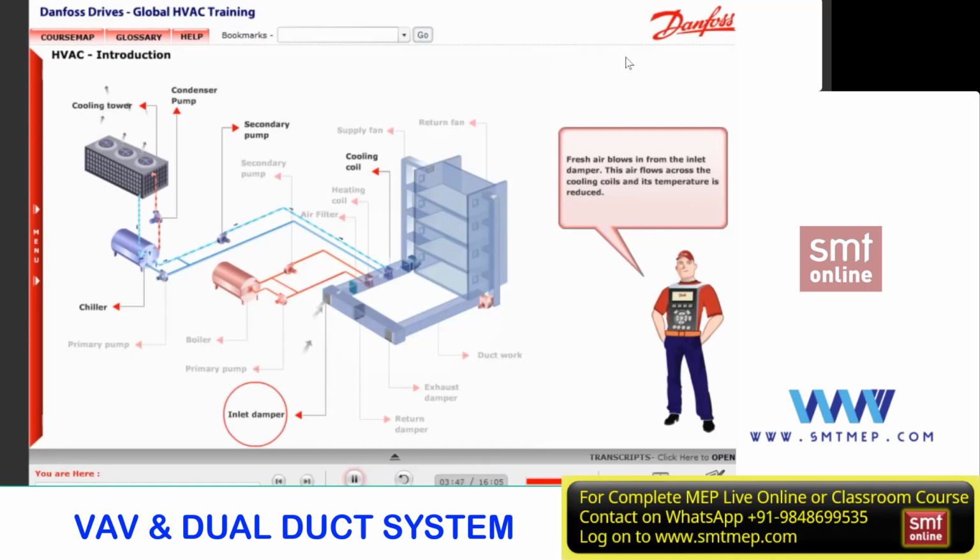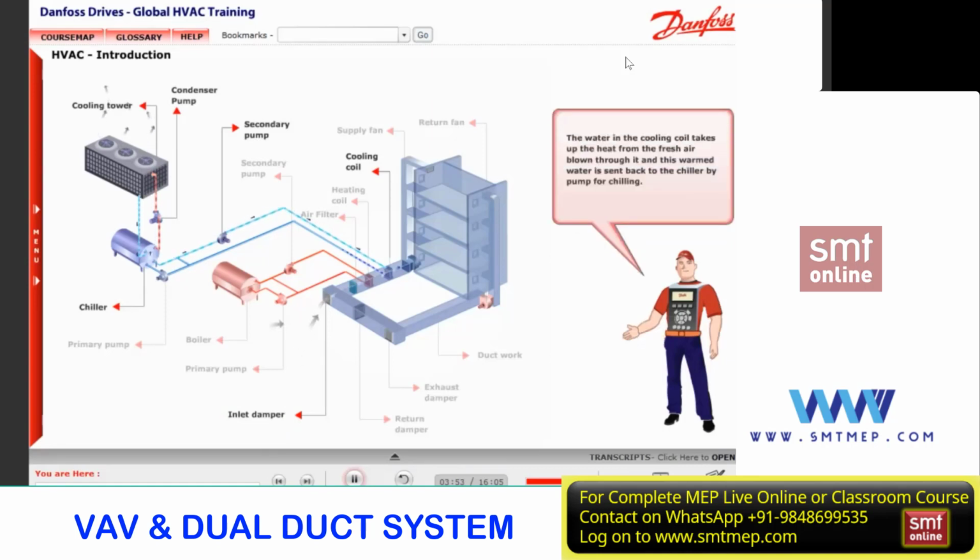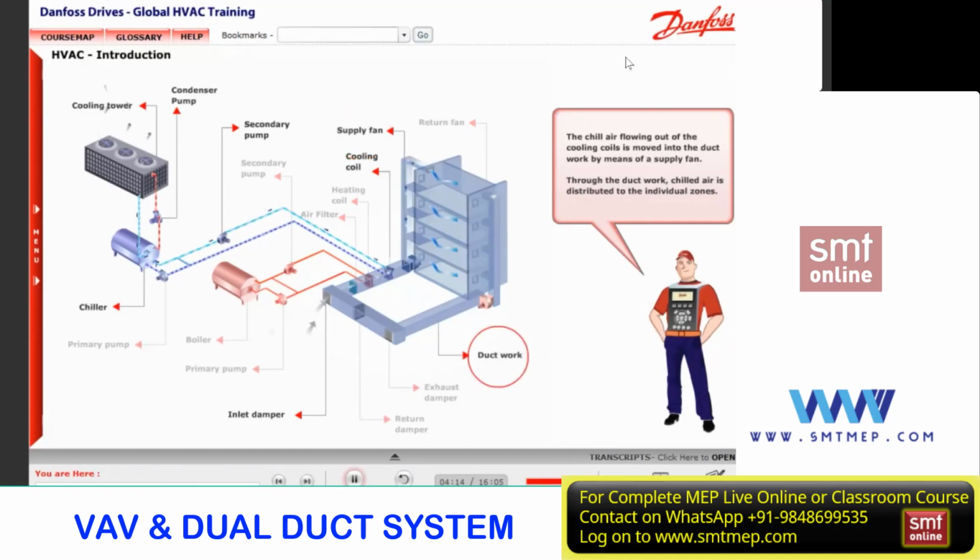This air flows across the cooling coils and its temperature is reduced. The water in the cooling coil takes up the heat from the fresh air blown through it, and this warmed water is sent back to the chiller by pump for chilling. The chilled air flowing out of the cooling coils is moved into the ductwork by means of a supply fan. Through the ductwork, chilled air is distributed to the individual zones.